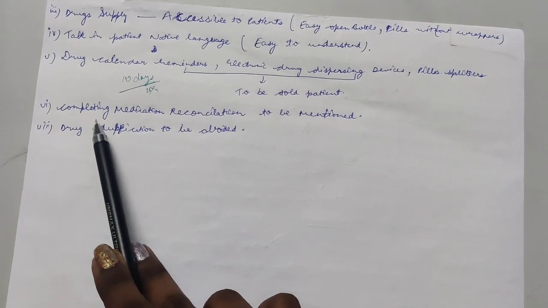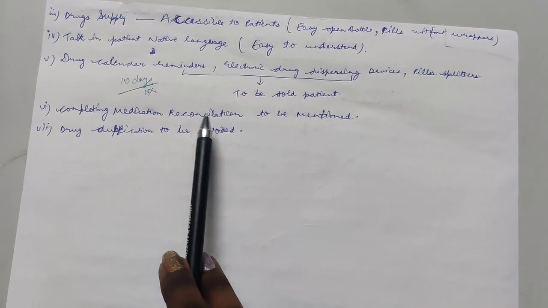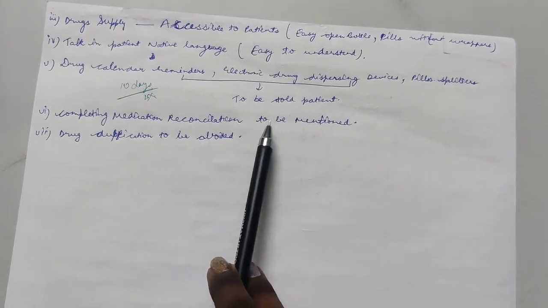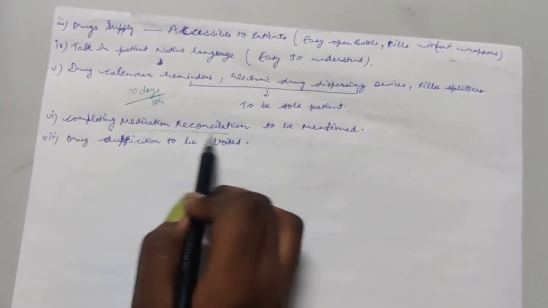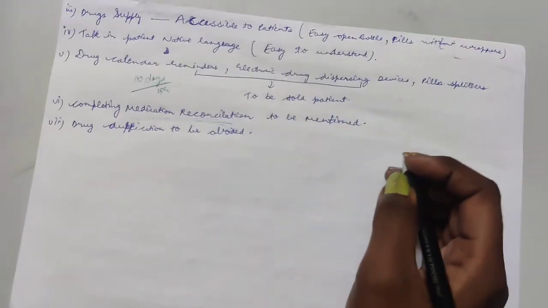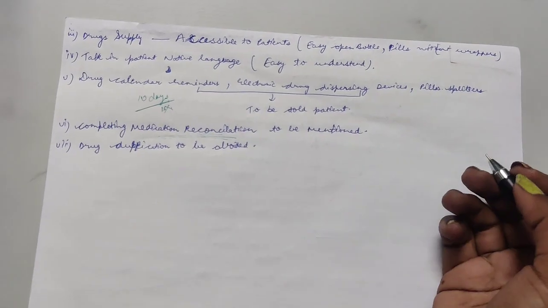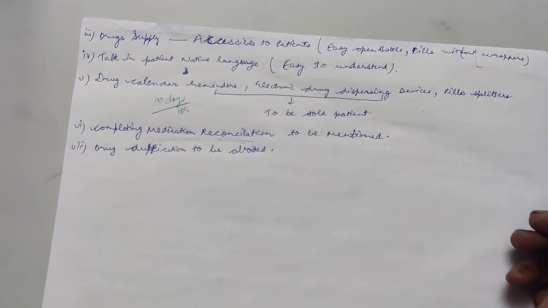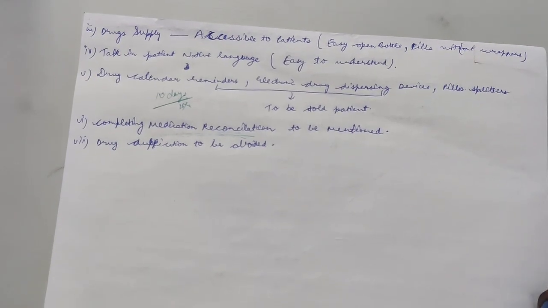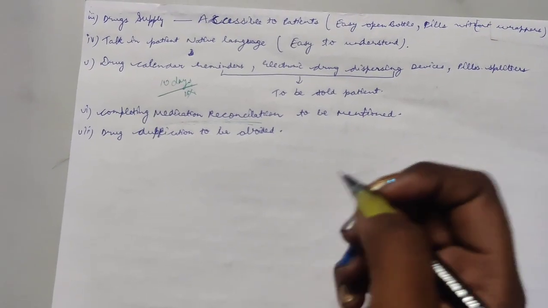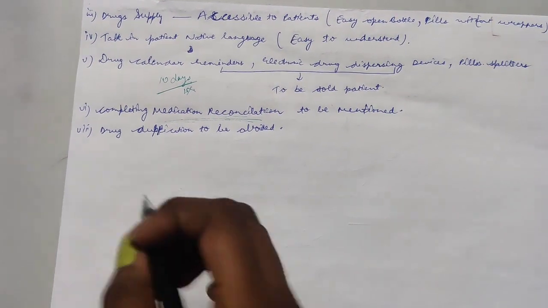Sixth is completing medication reconciliation, or it is to be mentioned. If the patient is taking any previous medications for a condition like hypertension or diabetes, it should be noted down so that there is no duplication with the new drugs for the new condition of the patient.